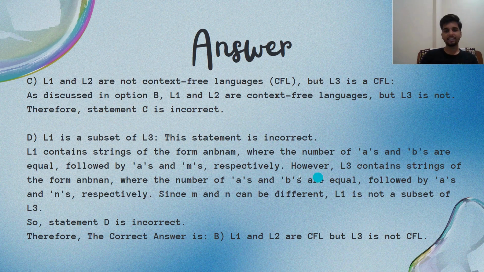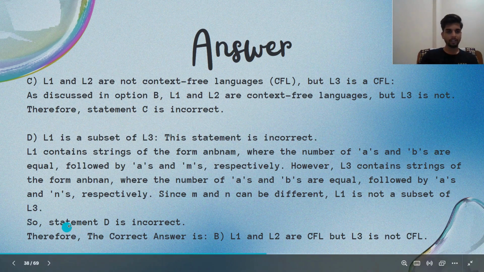However, L3 contains strings of the form a raised to n, b raised to n and a raised to n, where the number of a's and b's are equal, followed by n a's. Since m and n can be different, L1 is not a subset of L3. So statement D is incorrect. Therefore, the correct answer is B, that is L1 and L2 are CFL, but L3 is not a CFL. Thank you.